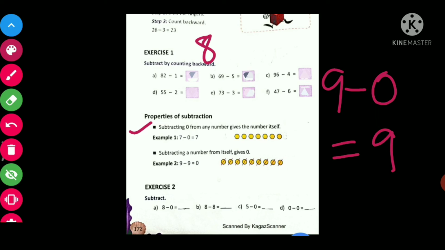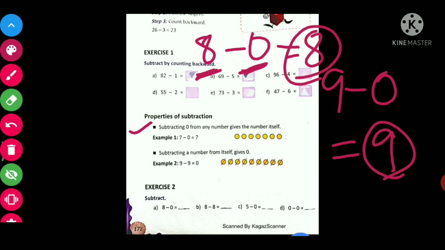If 8 minus 0 is there, we'll get 8. So if 0 is subtracted from any number, then we'll get the same number.